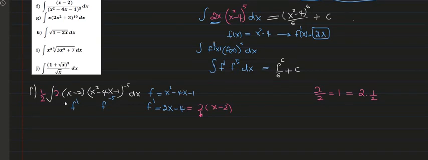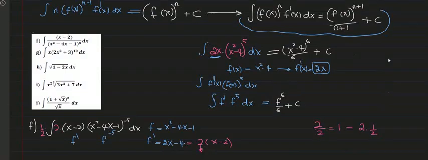And with this, now the balance is correct and we can apply the rule that we have discussed upwards. That was the rule. Now we have the f dash and we have the function to the power. If the derivative is ready, then we are ready as well to solve and apply the rule.